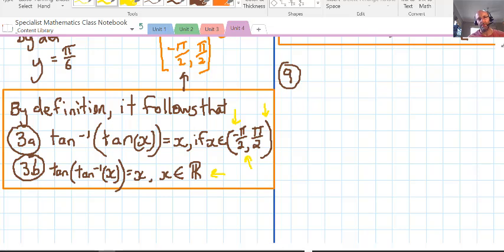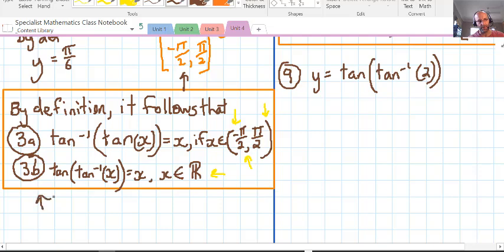See the previous videos. So when we're confronted with these questions, now we have a choice of using reasoning, or we can just quote the definition. Okay. Now definition, result 3b. If we look at result 3b for example 9 I've just written up, well, x can be any real number. So that's quite easy then, isn't it?